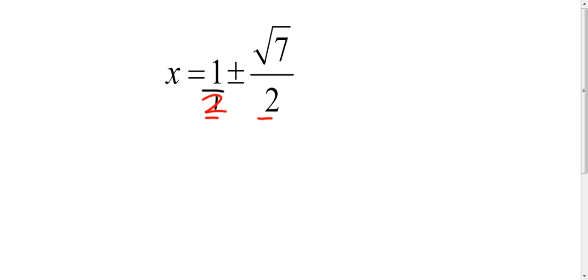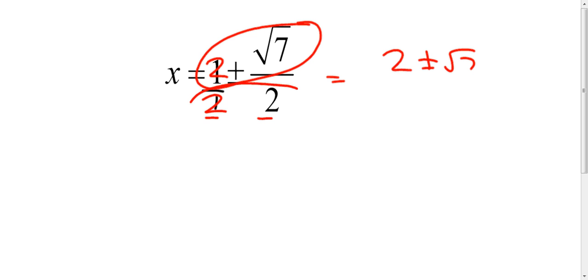So I will turn this into 2/2 so that I have a common denominator. And then my top would be 2 plus or minus √7. And my common denominator down here is 2. And that's how they will write it in accelerated math. Even though it doesn't look like your original, it's the same answer. They just got common denominators.